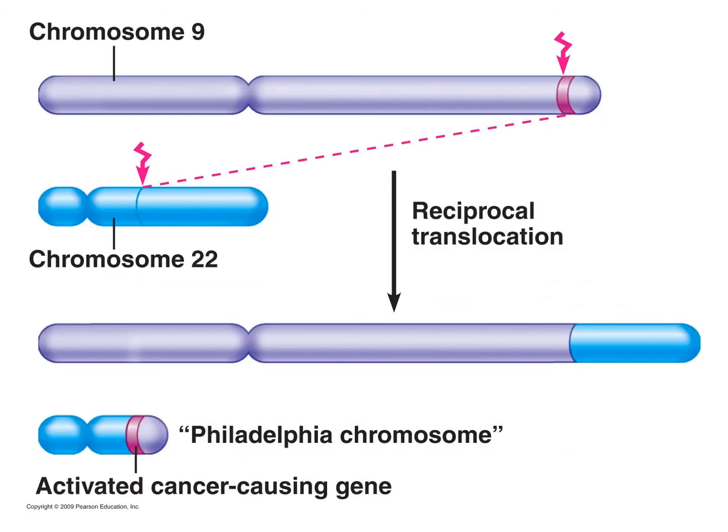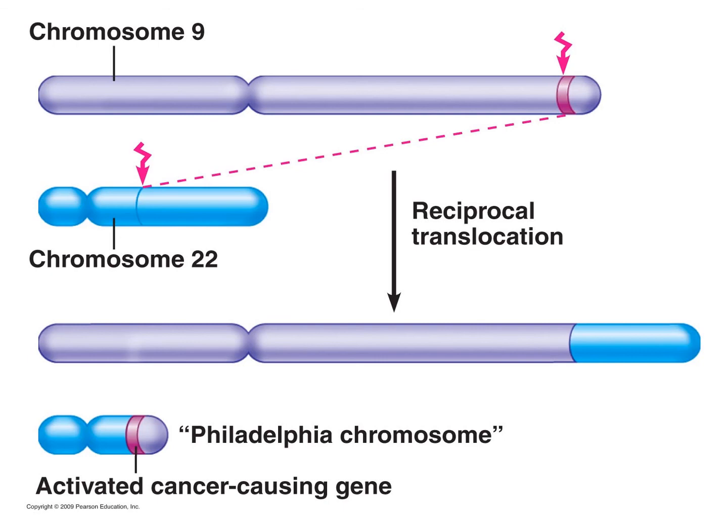A fourth type of rearrangement is called a translocation. And translocations are like crossover events between non-homologous chromosomes. So here we have a specific example. In humans, if there's a reciprocal translocation between chromosome 9 and 22, they're swapping pieces, right?